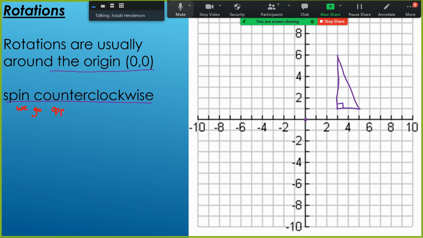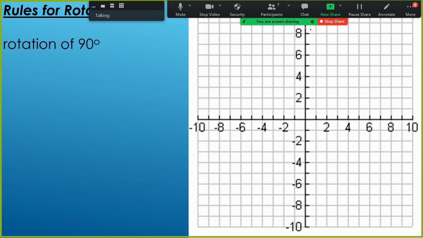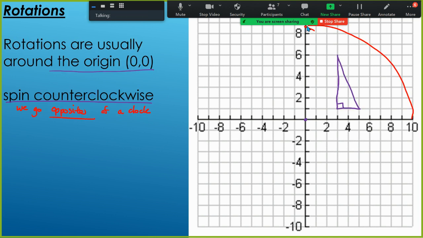We go opposite of how a clock moves. That's what counterclockwise means, opposite of how the clock goes. So if I spin my purple triangle now, I'm going to basically be taking everything in this quadrant, like my purple triangle, and spinning it around this way.